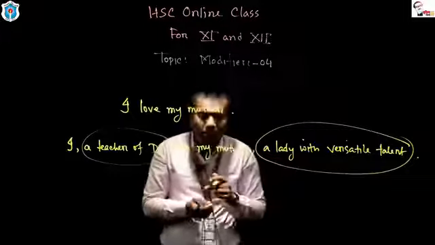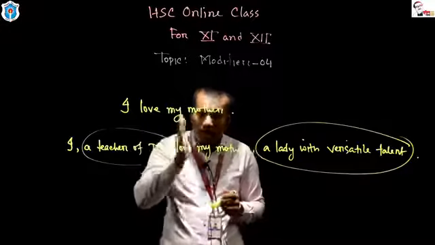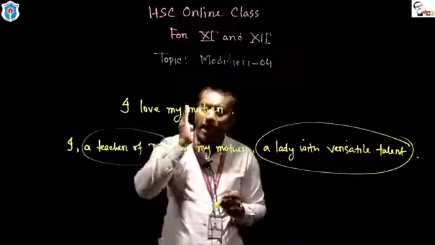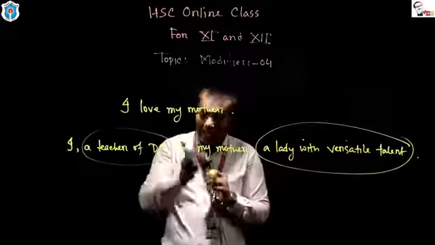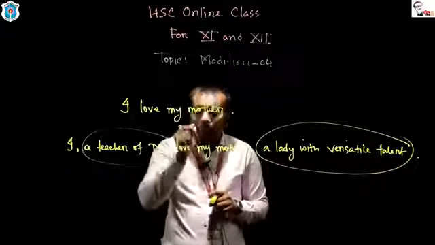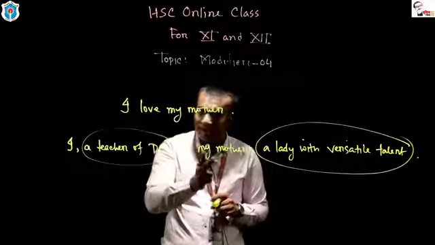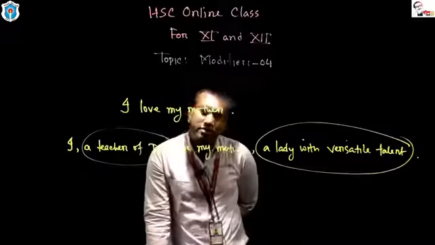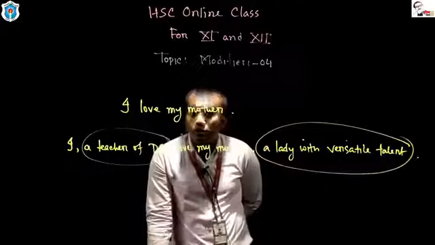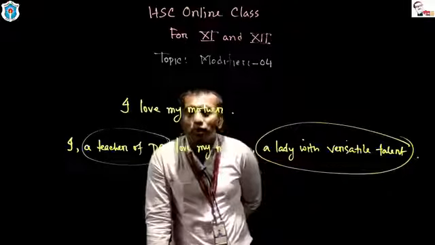So an appositive is additional information about a noun, pronoun or noun phrase, and it must be a noun phrase. Okay, so an appositive is a noun phrase and it gives additional information regarding a noun, pronoun or noun phrase.